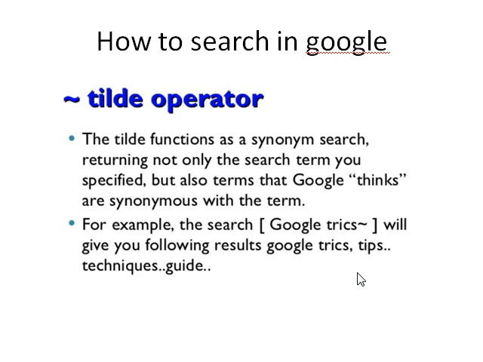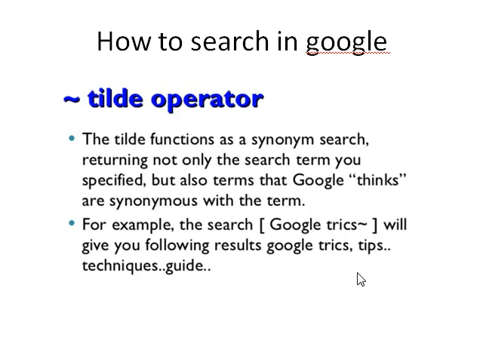It is a function that results in a synonym search, not only the exact search term you specified, but also the terms that maybe Google, the search engine, thinks will be helpful for you.